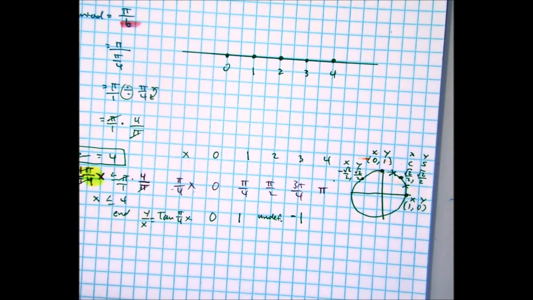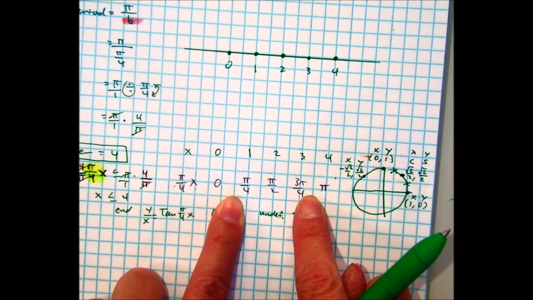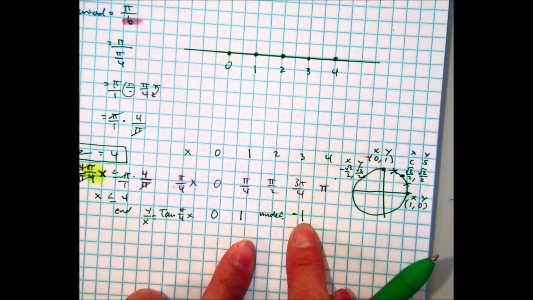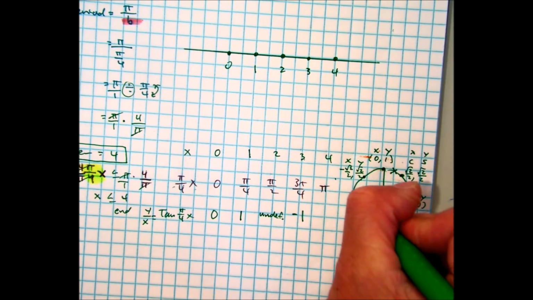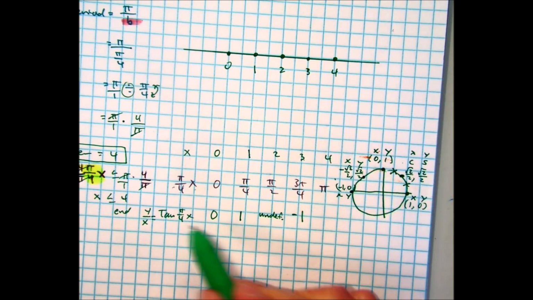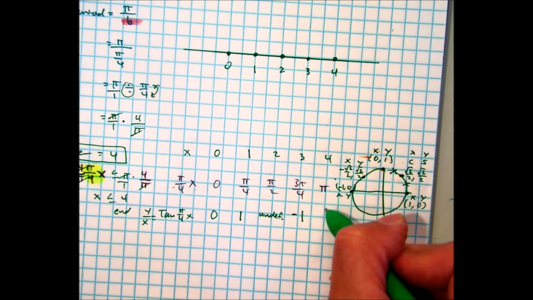If you haven't seen the shortcut yet, all 45s and anything divided by 4, tangent and cotangent will always be positive 1 and negative 1. And then at pi, my ordered pair is negative 1, 0. Tangent at pi is just going to be 0.